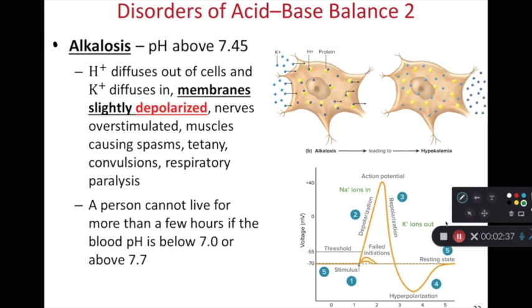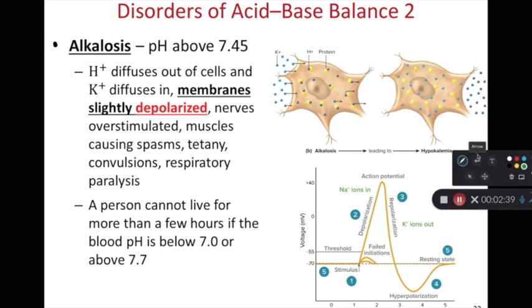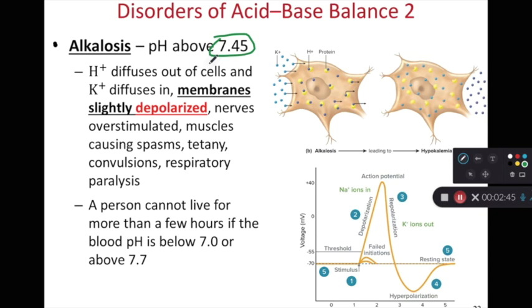Alkalosis is when we have an extracellular pH of above 7.45. In this situation, we do not have enough hydrogen ions in the extracellular fluid. That's going to cause an overall net movement of hydrogen ions out of the cell.